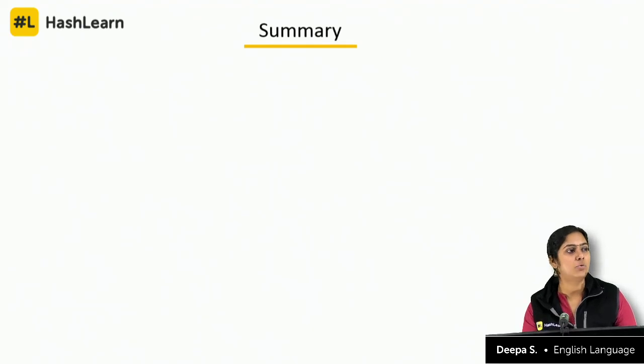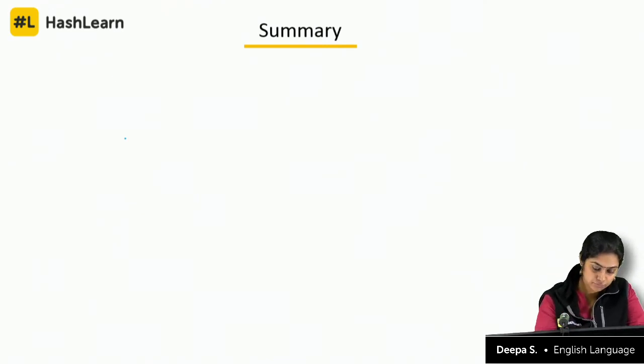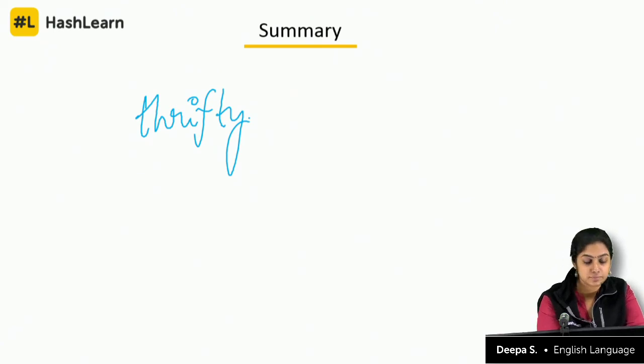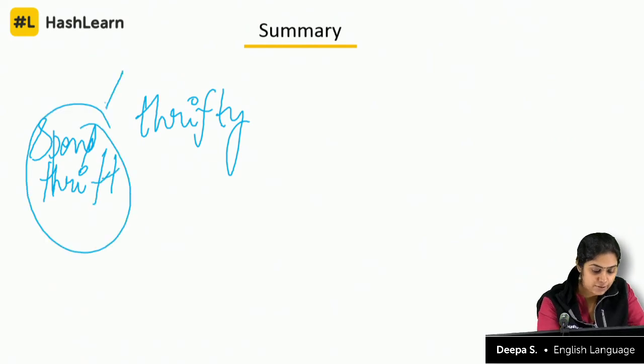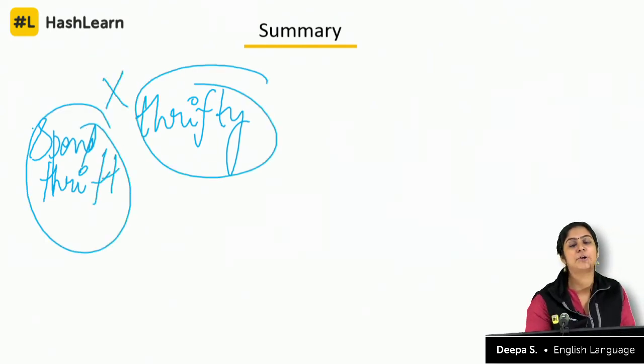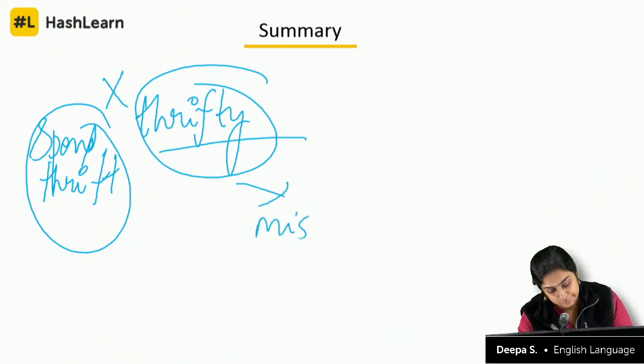For example, how would you remember something that means thrifty, and then there is spendthrift. The interesting factor here is that they are opposites to each other. Thrifty means miserly.